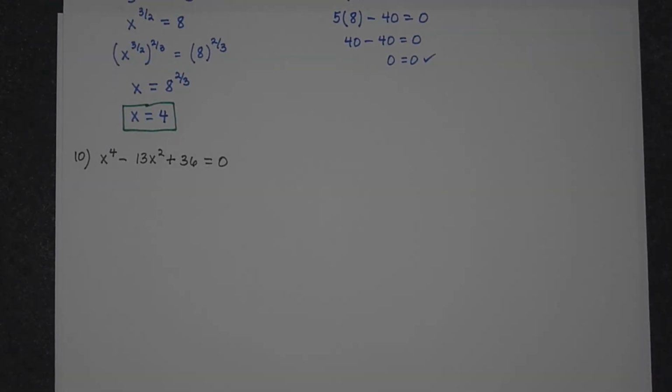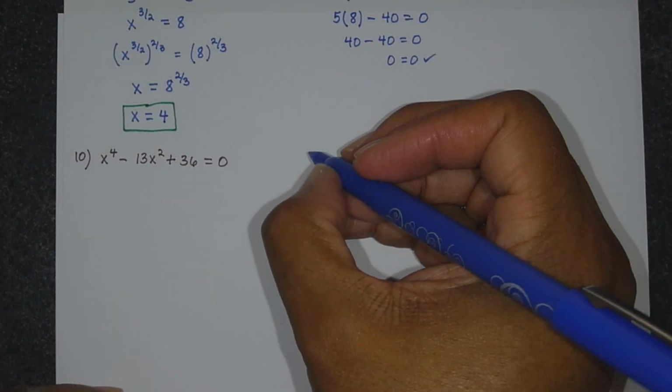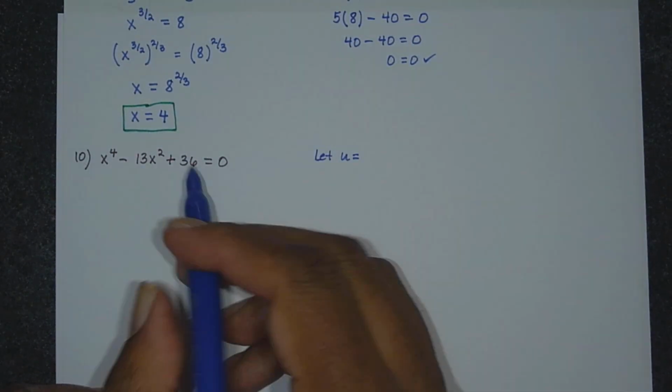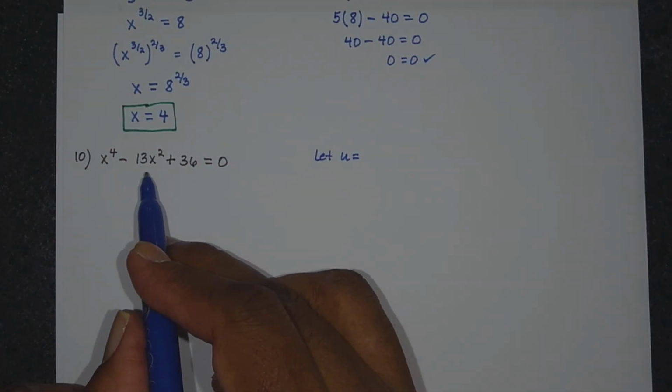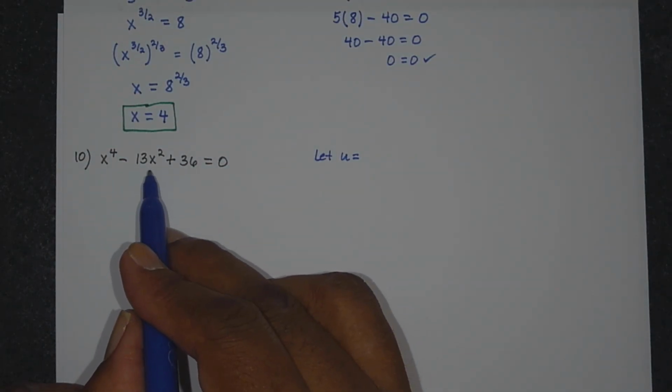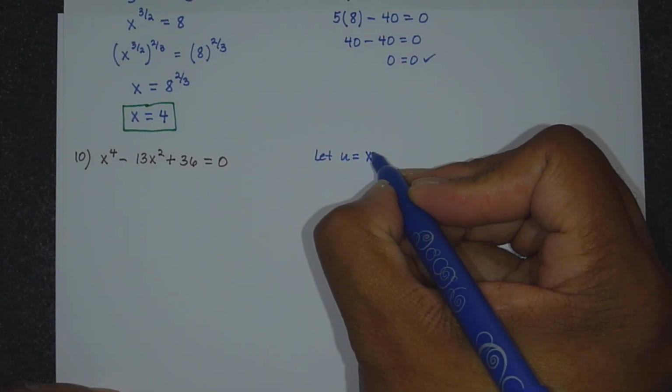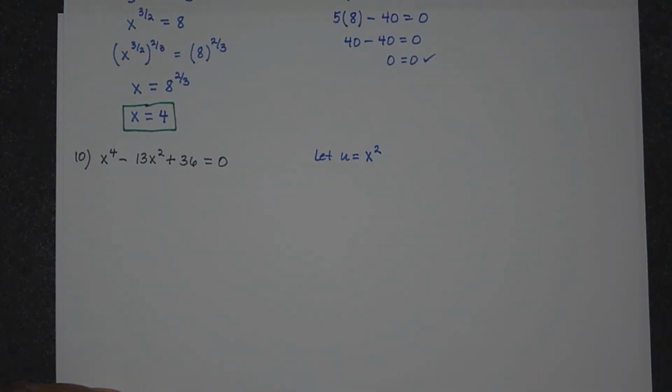Okay. Now this is where we use an appropriate u substitution for this problem. In this case, we're going to let u equal to whatever my middle term is. The middle term has x squared. So I'm going to let u equal to x squared.